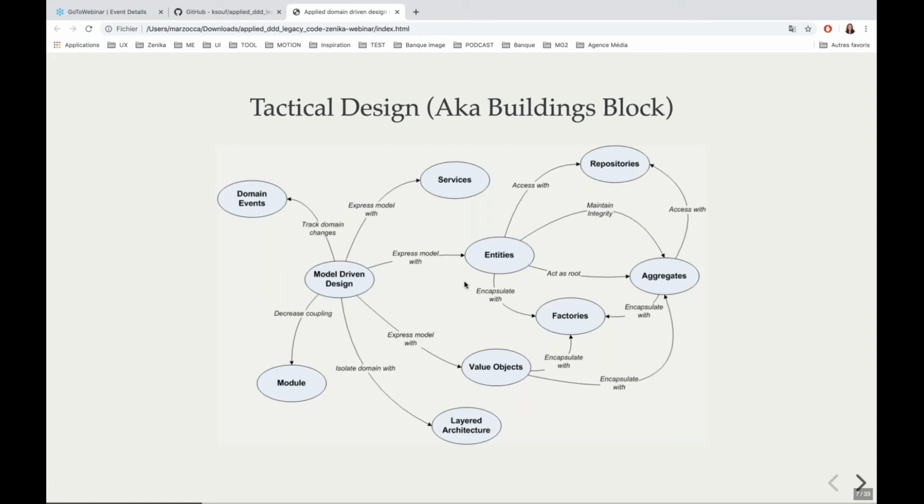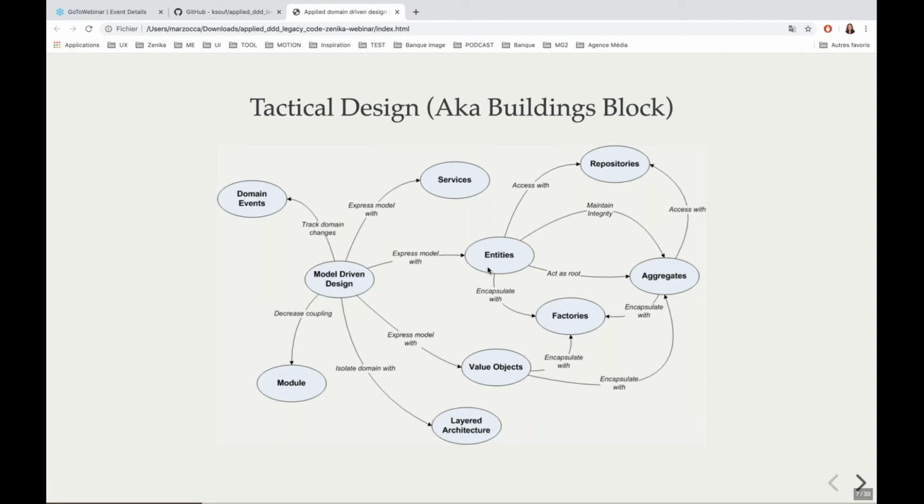And the entities. I'm sure you know about entities. It's the same definition that you know everywhere. It has an identity, it has a life cycle, and the values in it are mutable. An entity can reference entities or value objects, or even both. But a value object can only reference value objects.